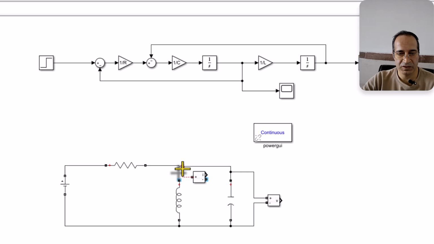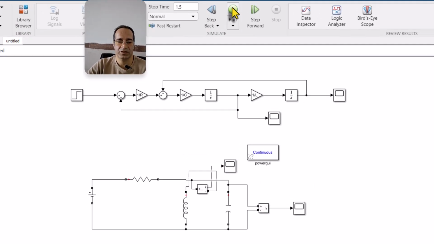The current goes to here and then goes back to the inductor, and then the output of this goes to the oscilloscope, and then another one for this current. Okay, now run the simulation and see the output voltage of this capacitor.